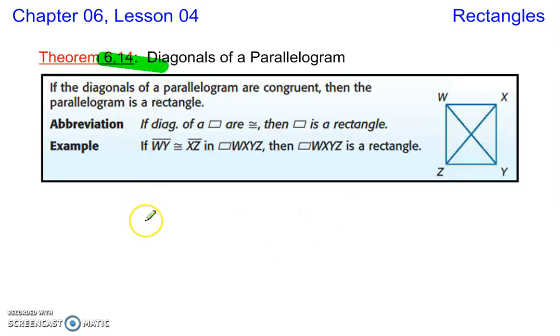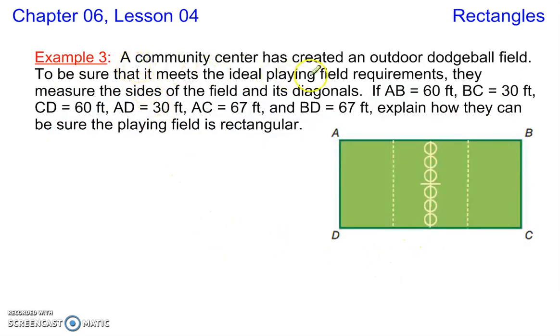All right, 6-14 says if the diagonals are congruent, then the parallelogram is a rectangle. So if these are congruent, then we know that it is a rectangle. All right, so here we have a community center. It's created an outdoor dodgeball field. To be sure that it meets the ideal playing field requirements, they measure the sides of the field and its diagonals.